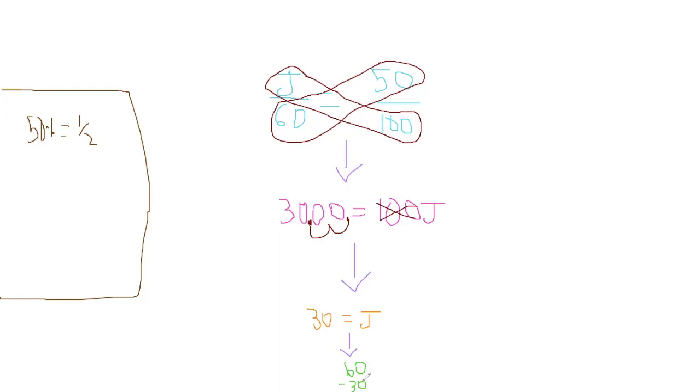What's 0 minus 0? 0. What's 6 minus 3? 3. So our beautiful answer the world's been waiting for is ice cream at 30 bucks. 30 bucks? That's still expensive. It's ice cream. Well, at least it's not 60.